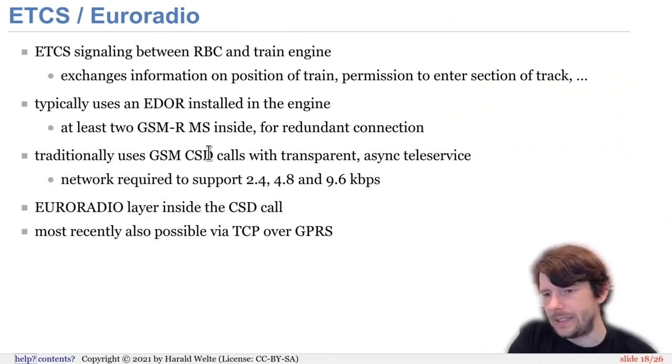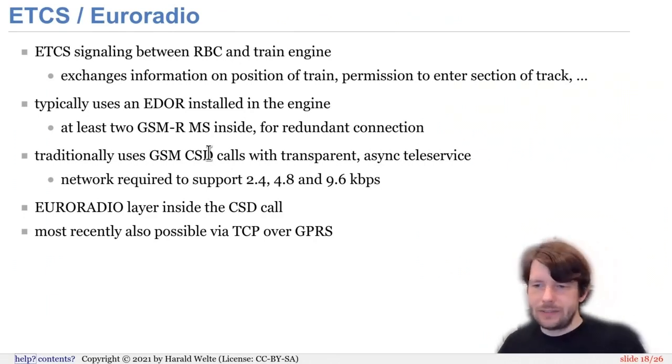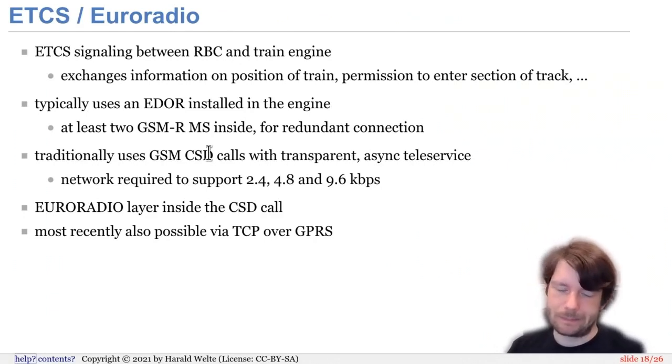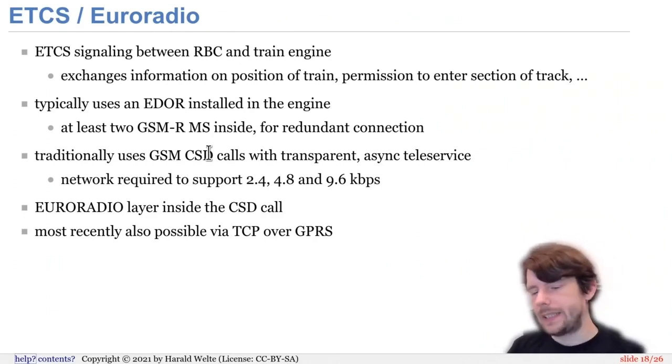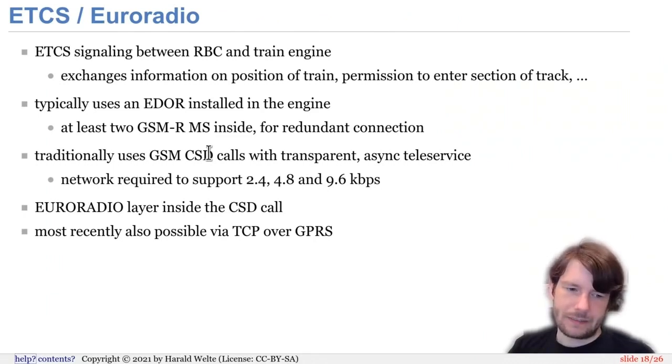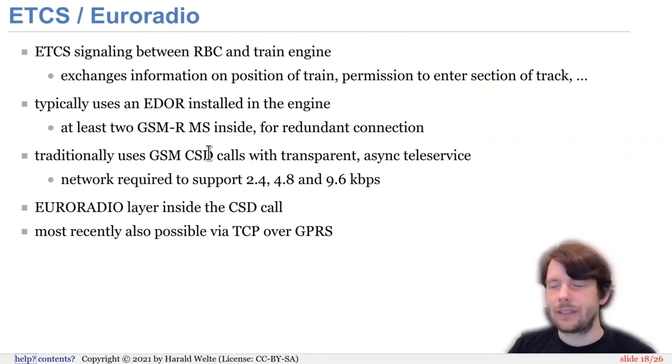There's something called ETCS level 2 and level 3, which uses GSM-R as the underlying transport mechanism, and it is the only international method of train control inside Europe. The national railway companies all have their own legacy train control systems that are incompatible.